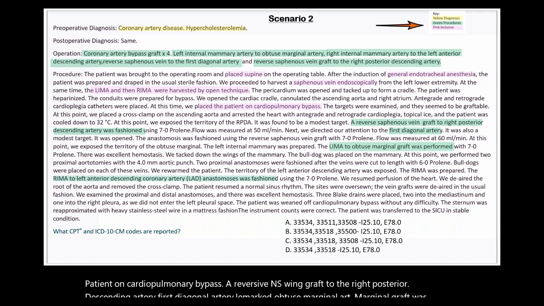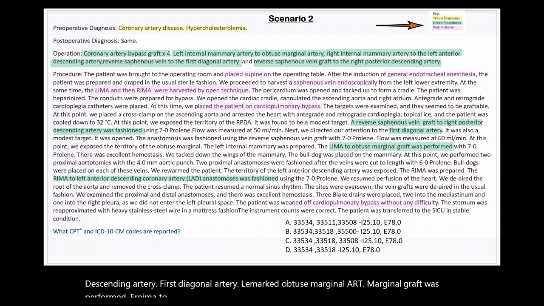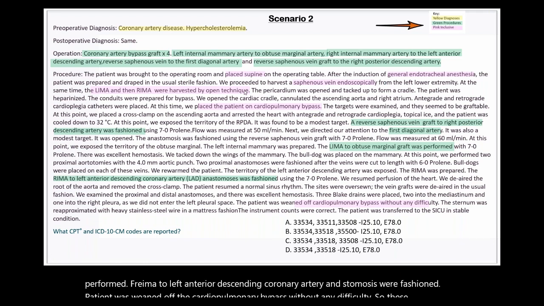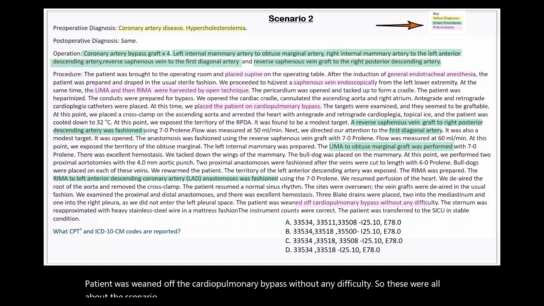RIMA to left anterior descending coronary artery, anastomoses were fashioned. Patient was weaned off the cardiopulmonary bypass without any difficulty. So this was all about the scenario and the procedure performed in this scenario.